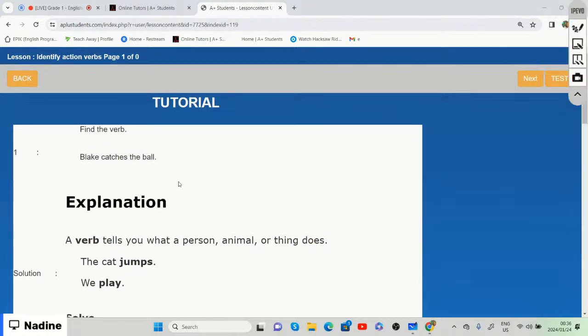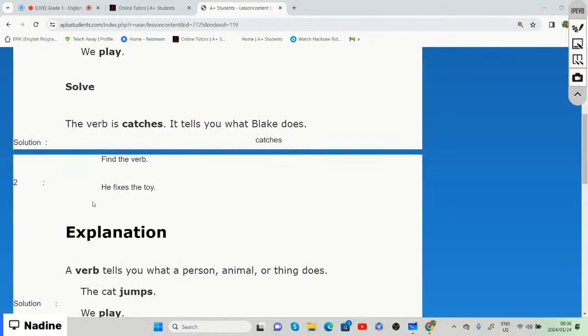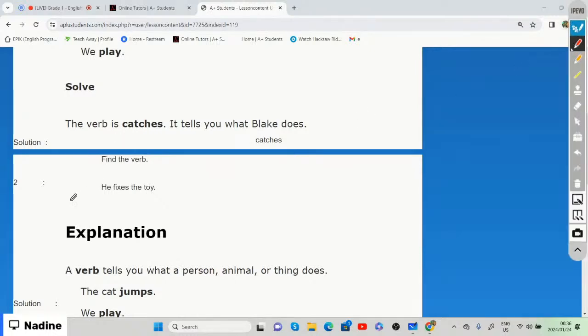All right. If we look at the next sentence, it says he fixes the toy. What is our action verb? Or what is the doing word within that sentence? He fixes the toy. What is the action?